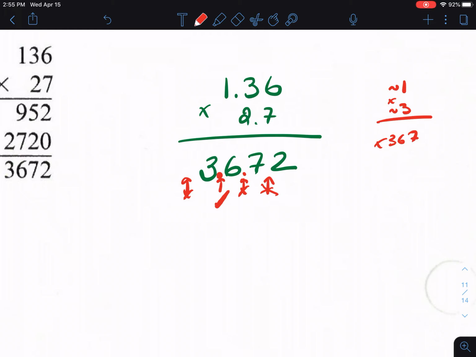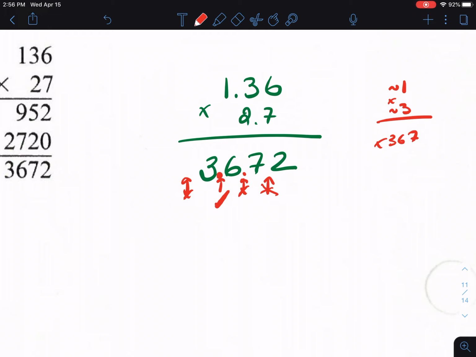So you can use estimation to figure out where the decimal should go, by making sense of those numbers. You know that by removing the decimal, you can get the digits.